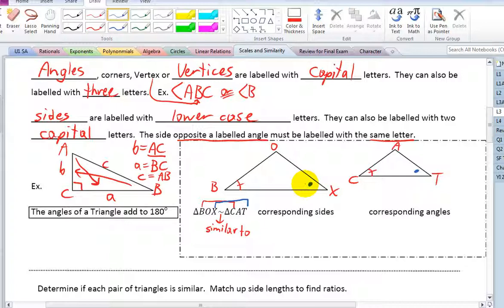Now, what about the third angles? Are they equal? Yes, they are, because the angles of a triangle add to 180 degrees. So if 2 angles are equal, then the third is also equal.